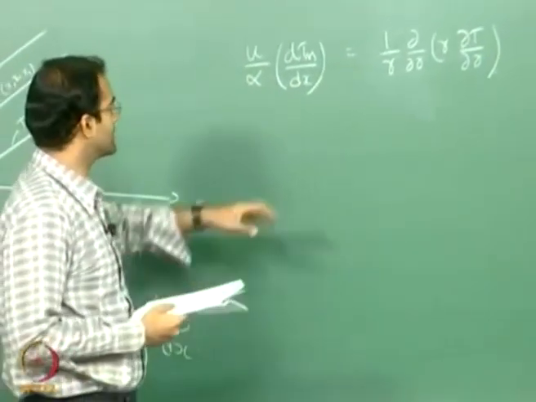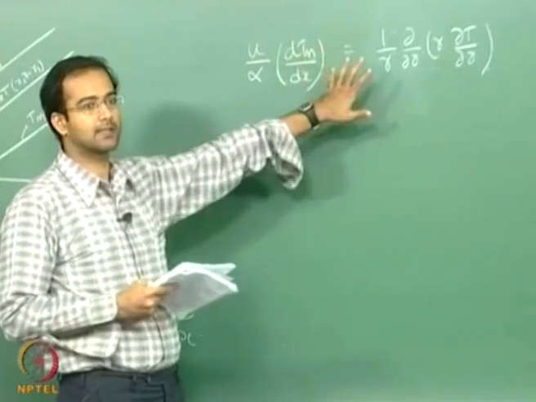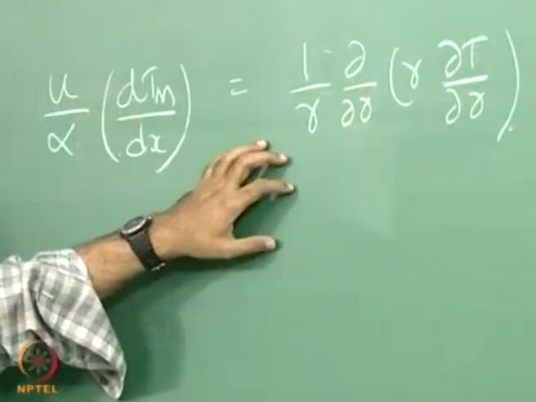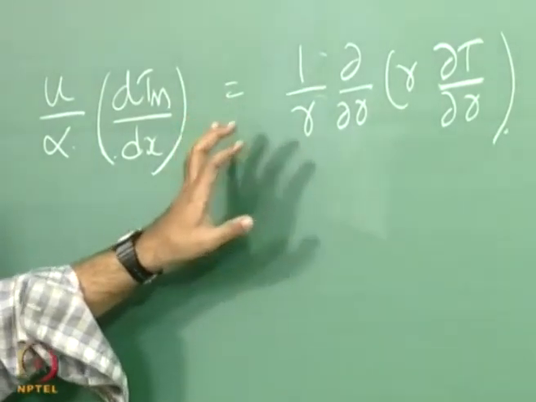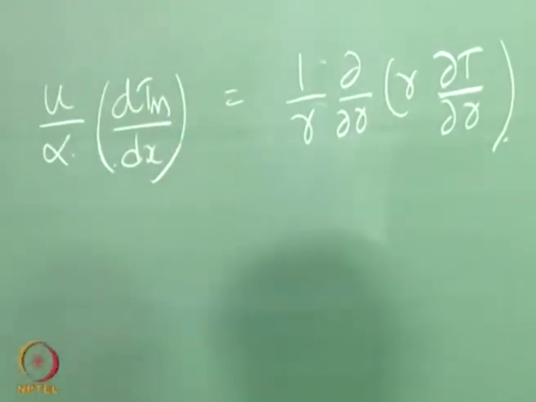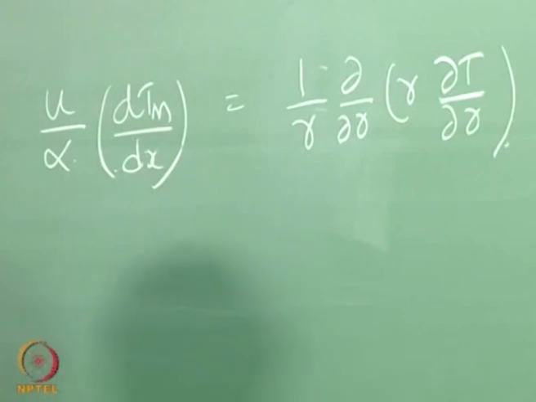Now since the left hand side is a constant, we can just integrate it out the same way we integrated the velocity profile where your dp by dx was a constant. So this is a much simpler way of looking at the solution.